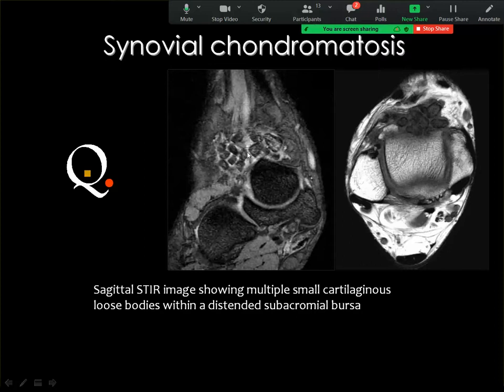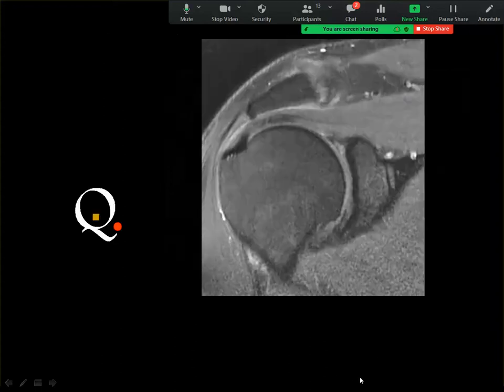The loose bodies are of dark signal in all pulse sequences. Sometimes they contain marrow, especially in the larger bodies. Then the second case.